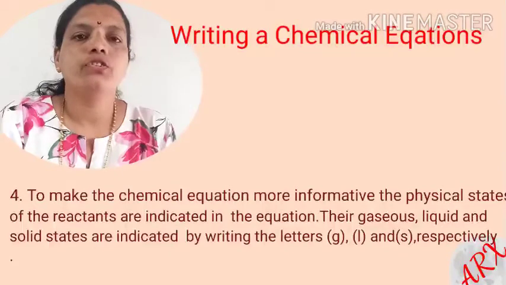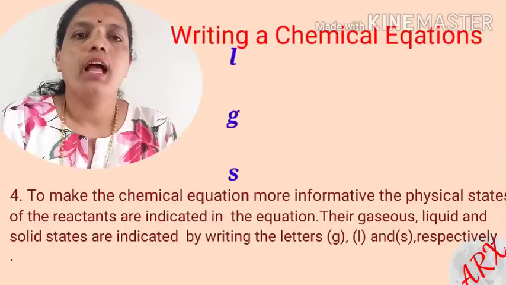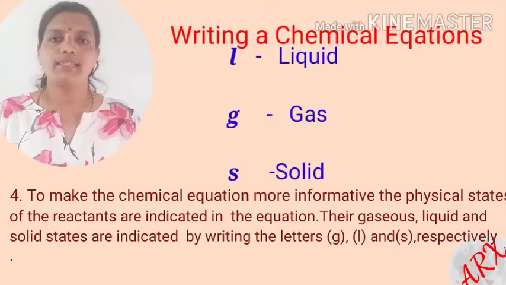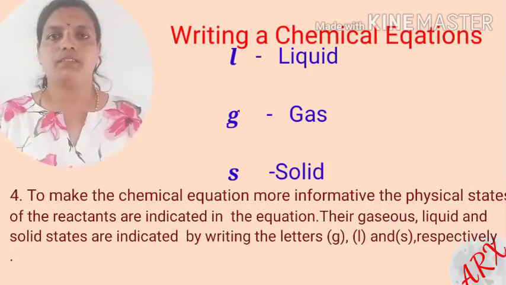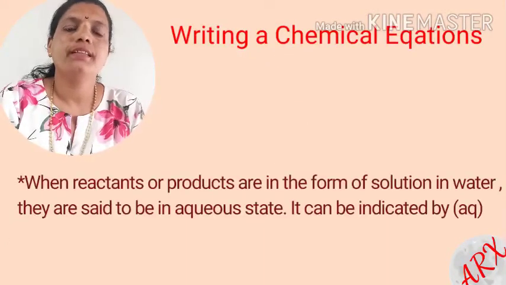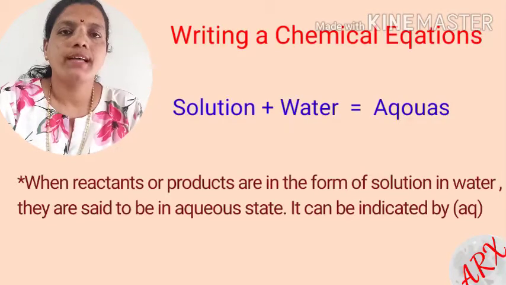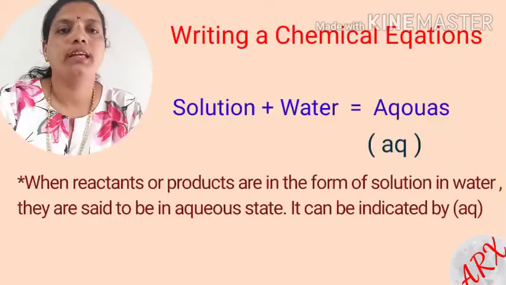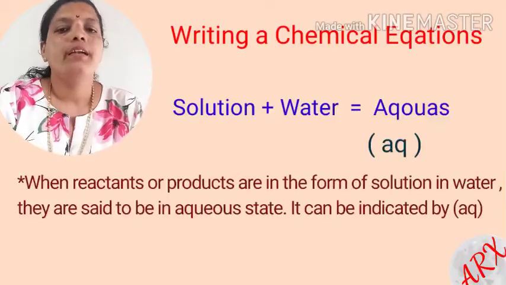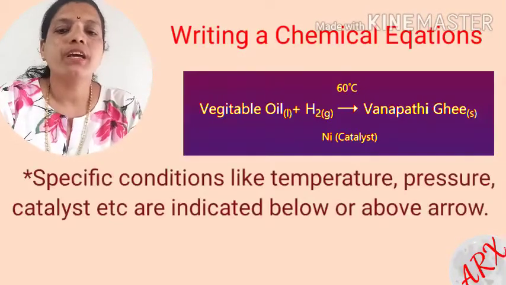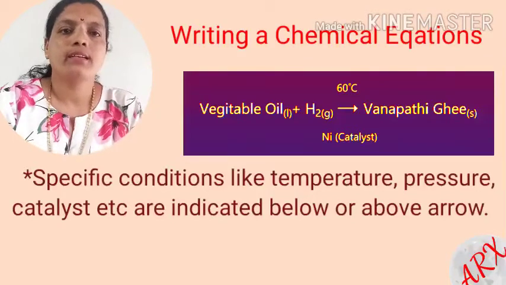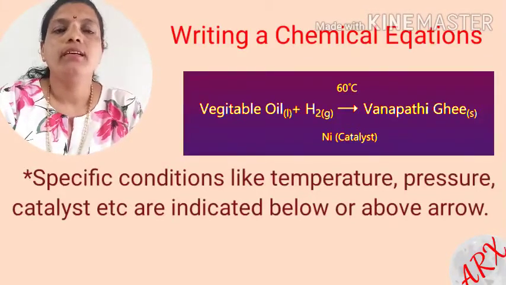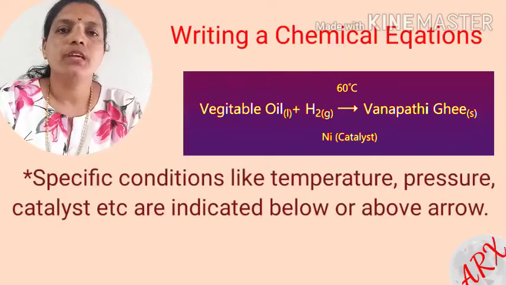In a chemical equation, we have to write L, G, S for liquid, gas and solid respectively. If a substance is dissolved in water, it is called aqueous form and it is represented by aq in the chemical equation.